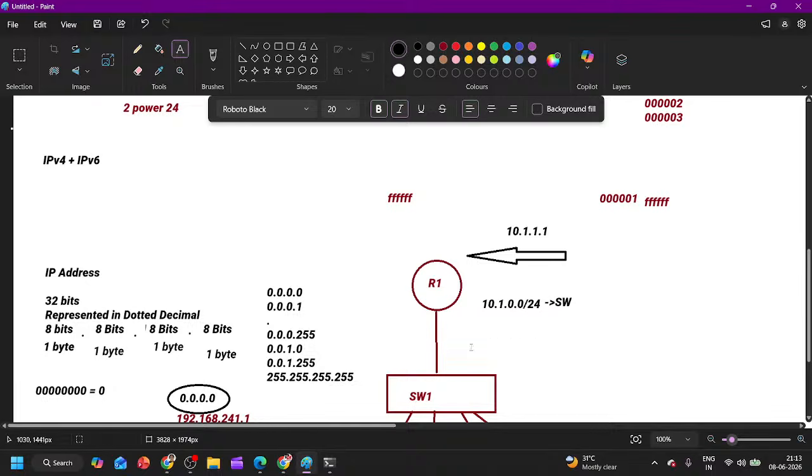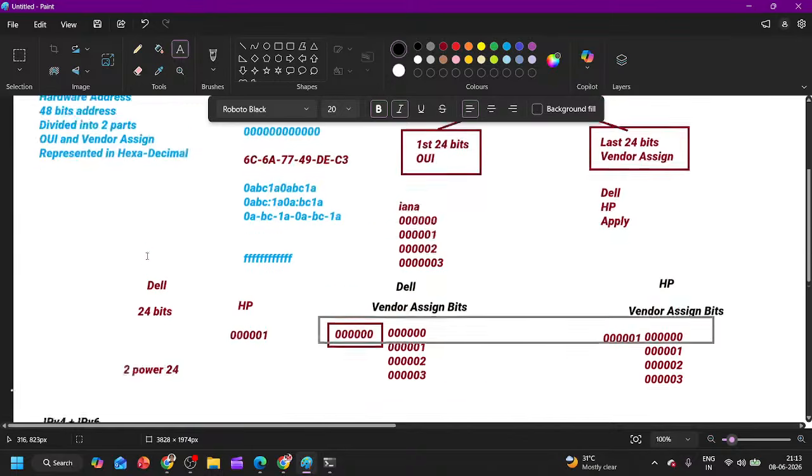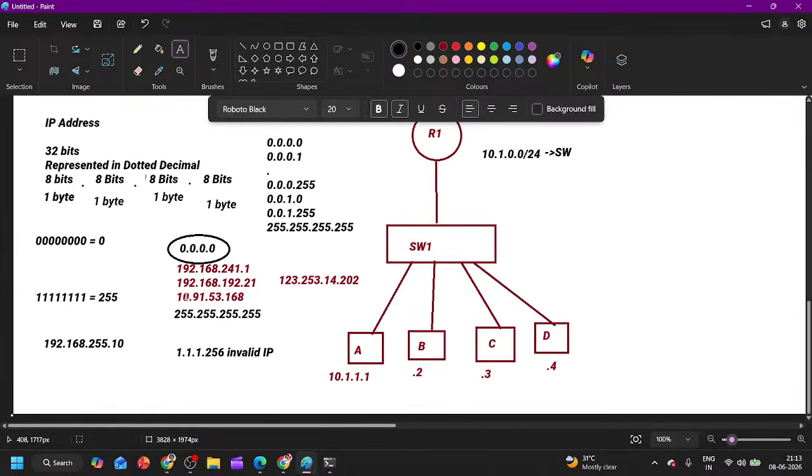So there are two things inside any IP address. See, these are my IP addresses, right? In binary or in decimal, it doesn't matter. Whether an IP address is in binary or decimal, the meaning is the same. Your IP address can be in binary also, like 0.0.0.0 can also be represented as 8 zeros in the first octet, and then all zeros in the second octet, third octet and fourth octet.